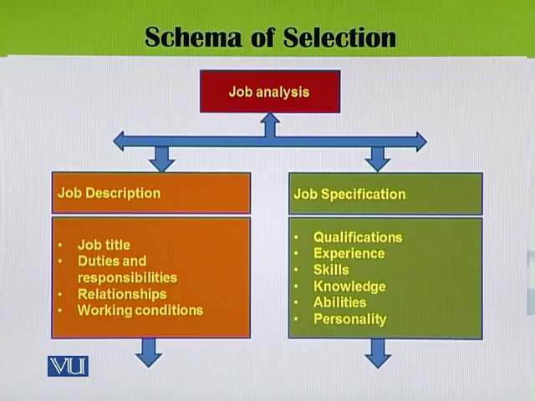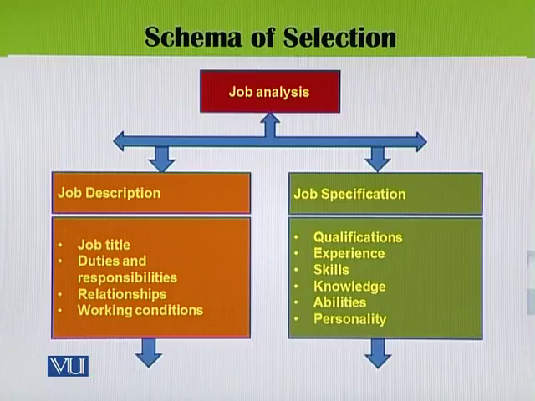My dear students, you have understood these concepts also in the topic of the recruitment process. So here we are discussing these concepts in the perspective of selection procedures, in the perspective of strategic selection. Job description is one outcome of a job analysis, and job specification is another outcome of a job analysis.